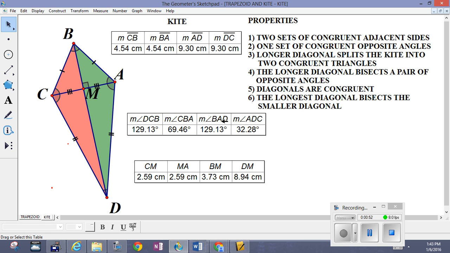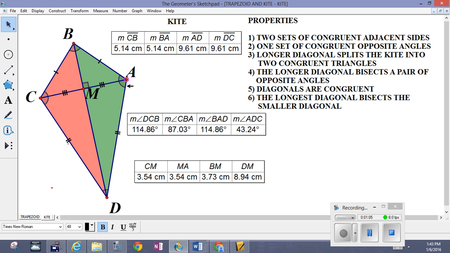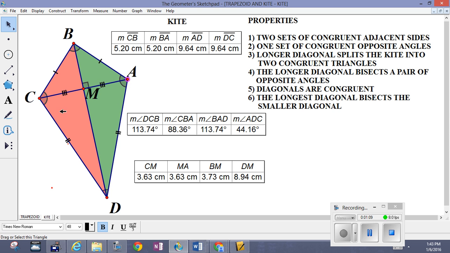When we measured the angles, we find that we have, as indicated here, two congruent angles, and those congruent angles are the result of looking at the two triangles that are congruent here.